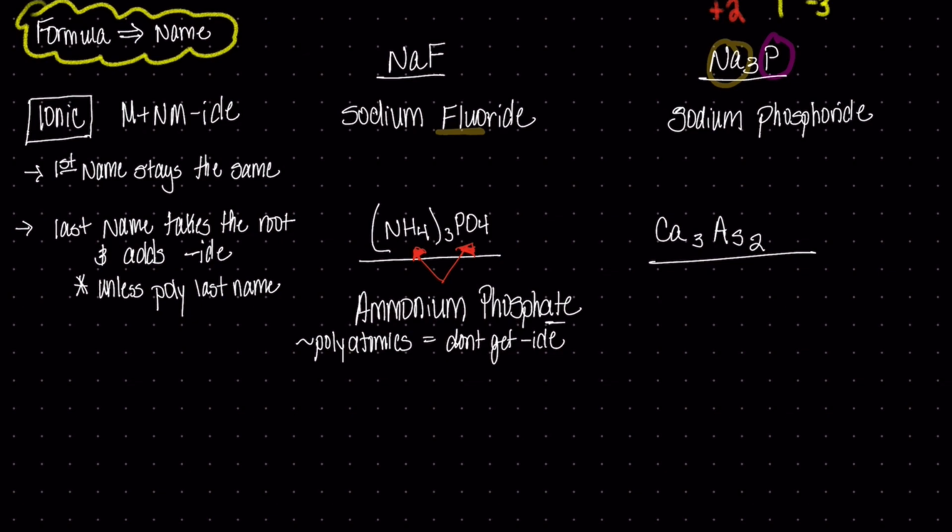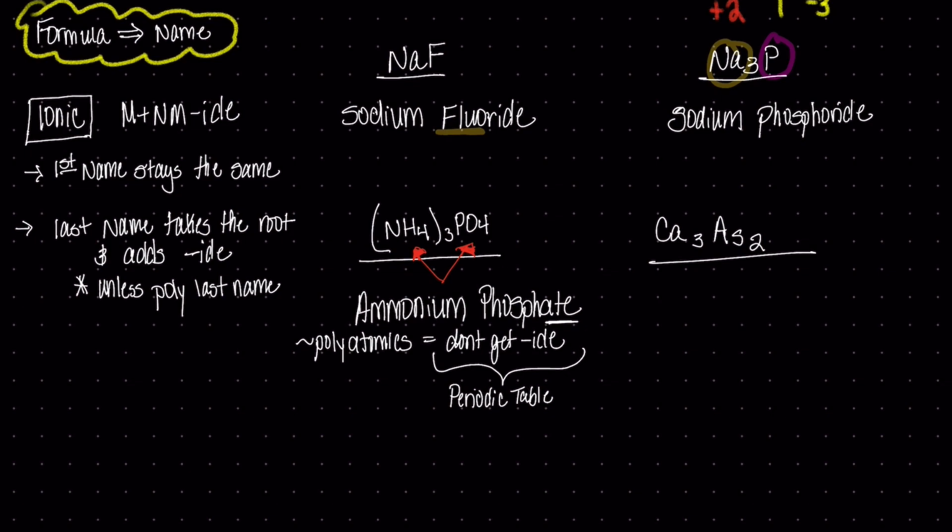So they keep their ATE ending. Because anything with "ide" usually comes off of the periodic table. Anything with "ide" ending is a straight element. If it's got that weird "ate" or "ite" ending, it's likely a polyatom. That's a good rule of thumb to check yourself by.